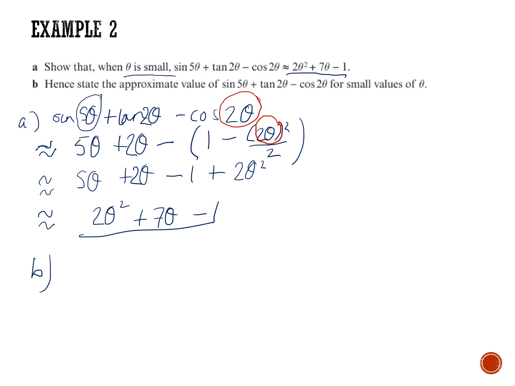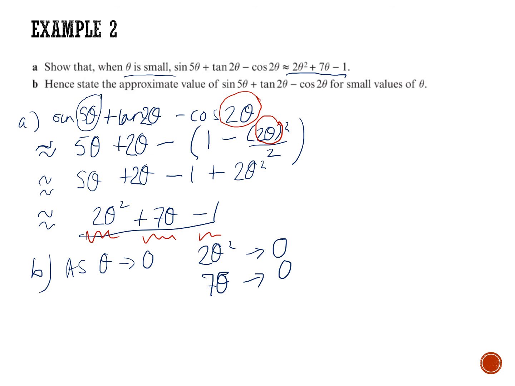Right, the last bit. Hence state the approximate value of that for small values of theta. Hence means use what we've got here. So as theta tends to 0, let's have a think about what happens to each of the bits in this expression. As theta tends to 0, 2 theta squared is also going to tend to 0, and 7 theta is also going to tend to 0.